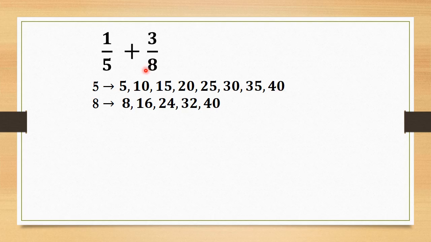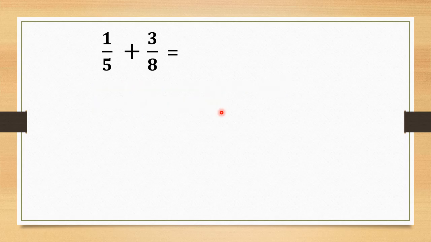Multiples of 8: 8, 16, 24, 32, and 40. So the least common multiple is 40. Therefore, the LCD of 5 and 8 is 40.